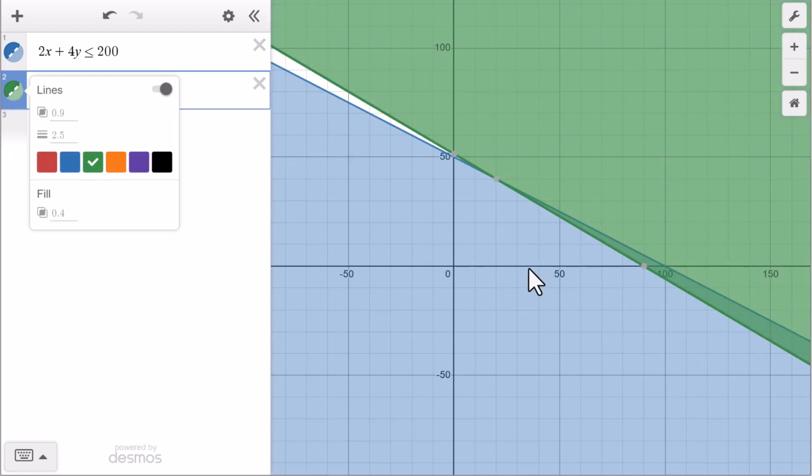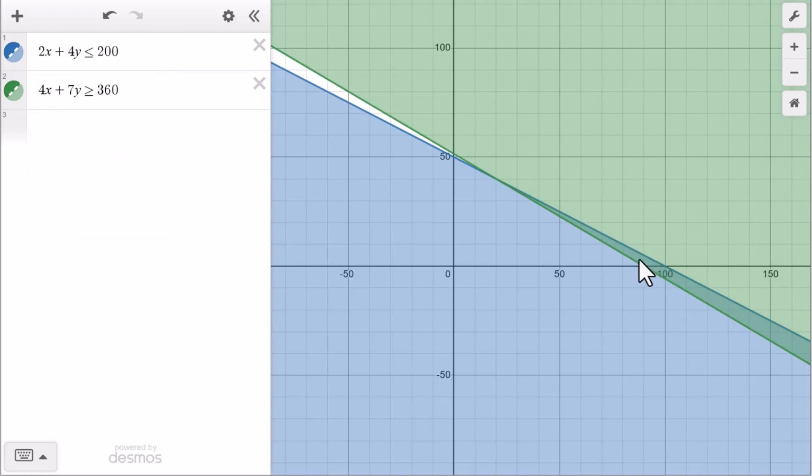Now, I do want to point out here that since both of these are or equal to inequalities, they include the endpoints. On a line, it includes the line. It's not a dotted line, it's a solid line. So this overlap region here is where the person with the food truck, Ava, would generate $360 or more in income.